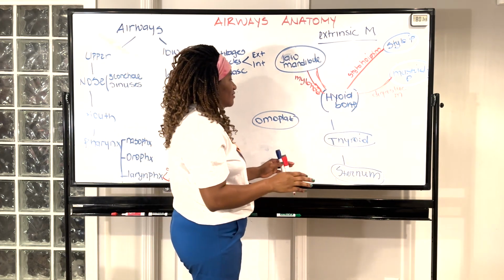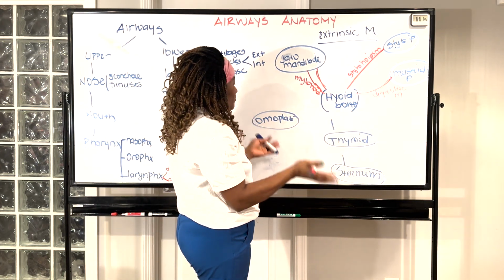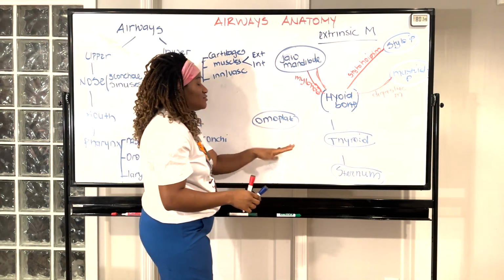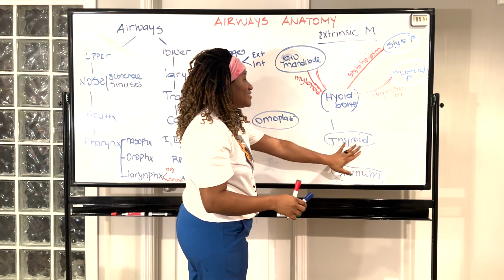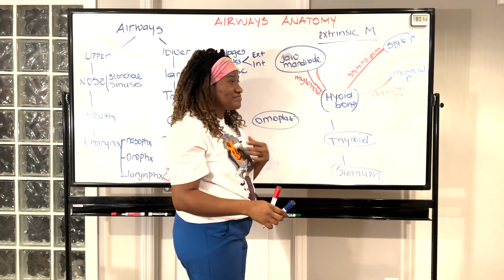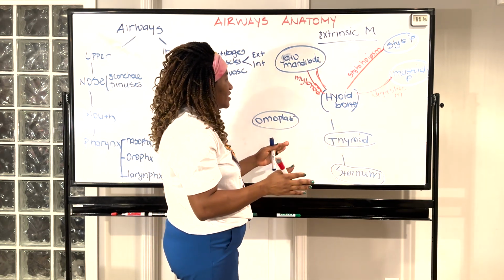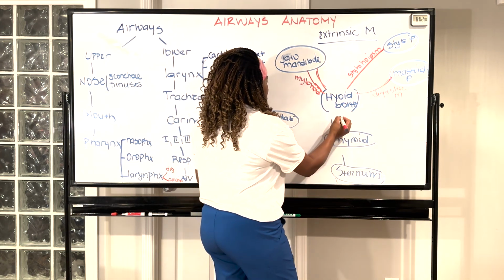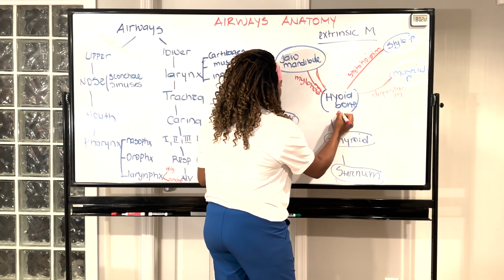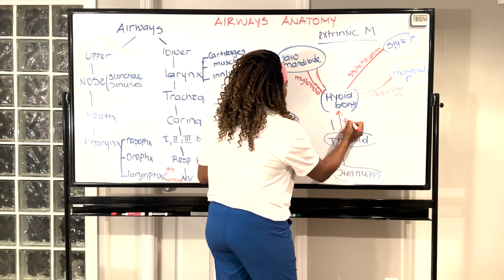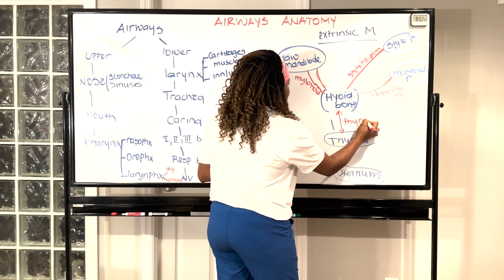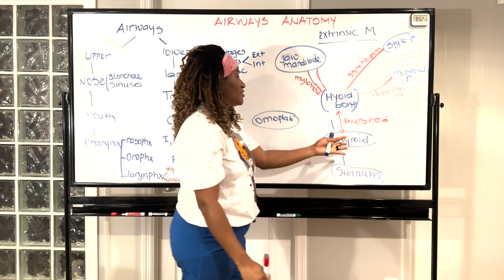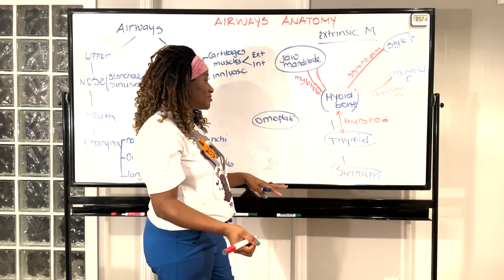Now going down, we have the muscles that are going to attach to your omoplate, your shoulder, your thyroid, and your sternum. The muscle that is going to attach to your thyroid is going to be your thyrohyoid muscle. From the thyroid to your hyoid bone, simple.